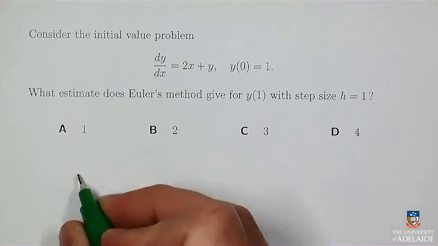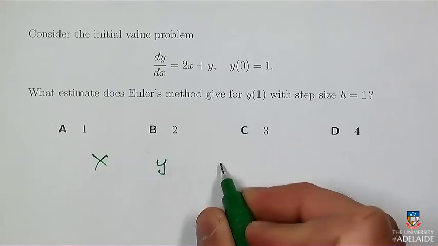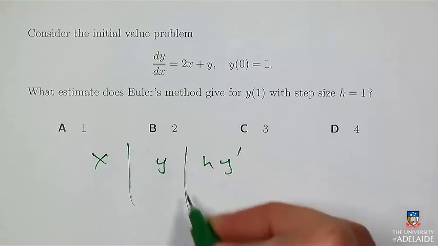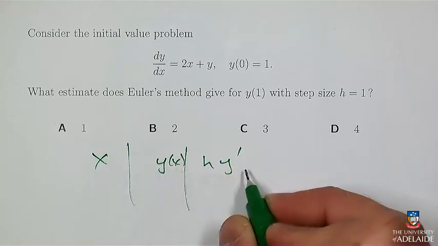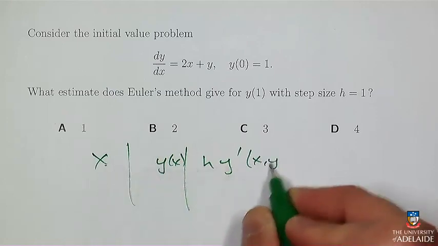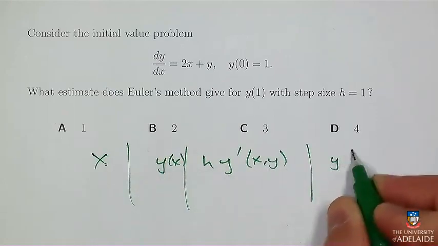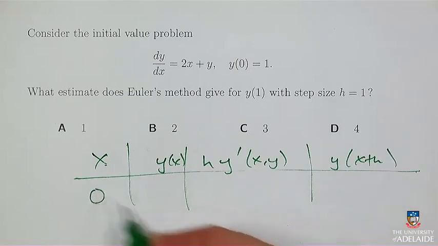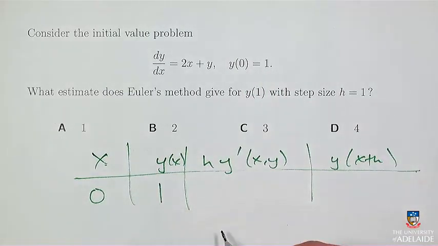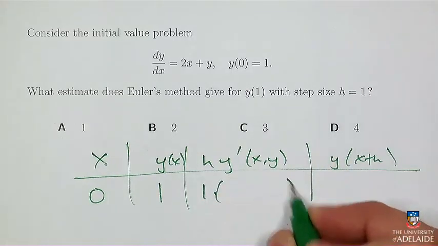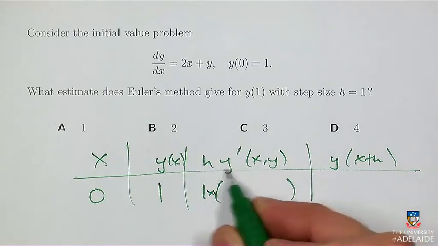So it should be x, y, h times y dash. So this is x, y at x, h times y dash at these two values. You need both of them this time, and y of x plus h, the next one. So we start at 0. We know y of 0 is 1. h is 1 in this case, so that's very easy. 1 times, and what's y dash?